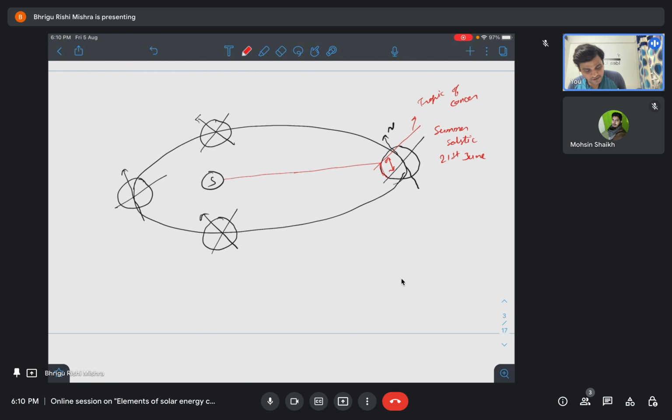Similarly, for this case, if we extend the rays like this, this is called the Tropic of Capricorn, and this position is called the winter solstice.